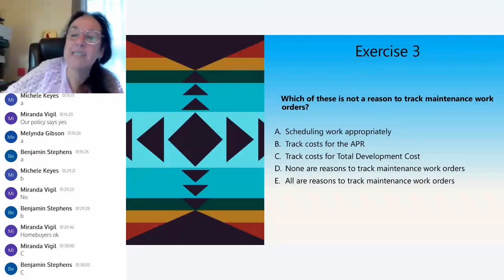Which of these is not a reason to track maintenance work orders? Scheduling work appropriately, track cost for your APR, track cost for your total development cost. None are reasons to track maintenance work orders, or all are reasons.